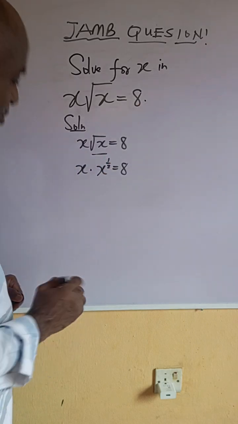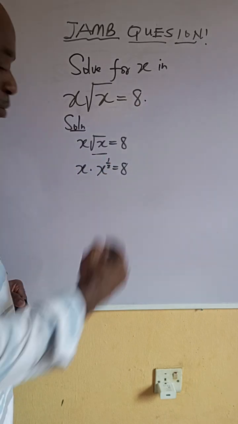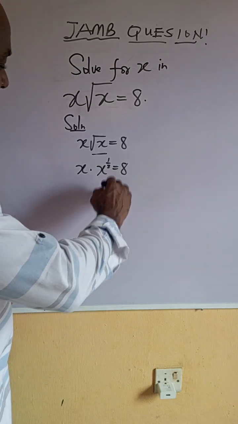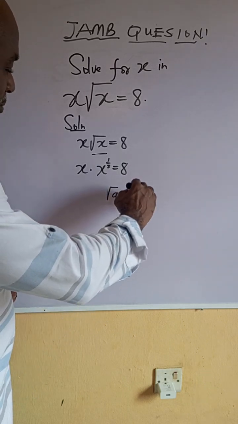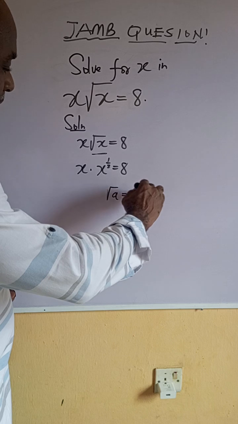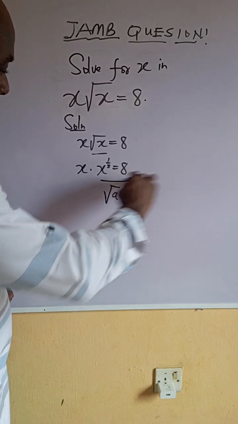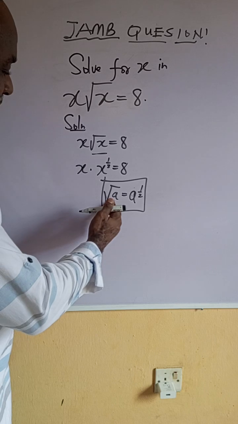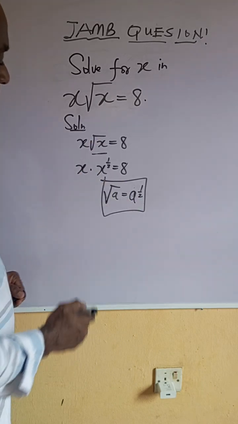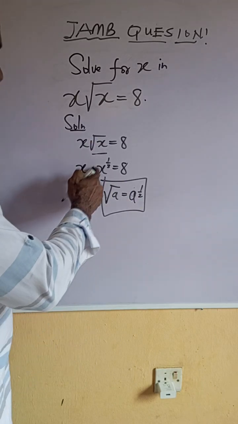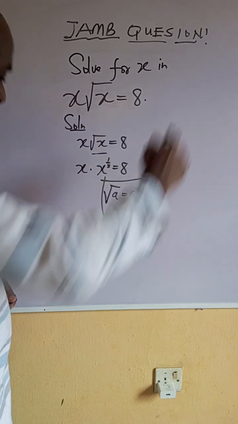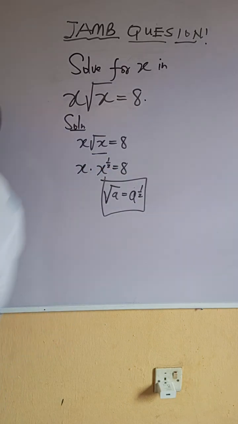I applied one of the rules in indices that says root a is equal to a raised to the power. So applying this rule here, you have that x dot x raised to the power 1 over 2 equals to 8.